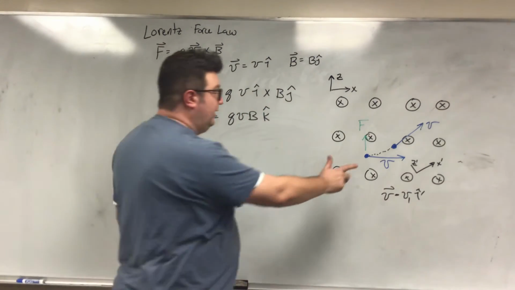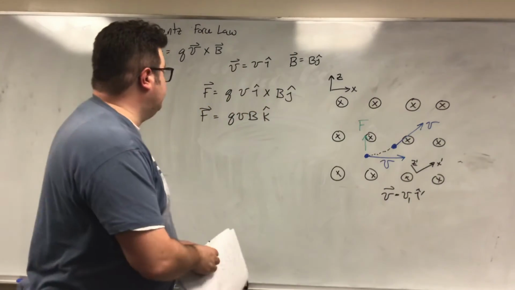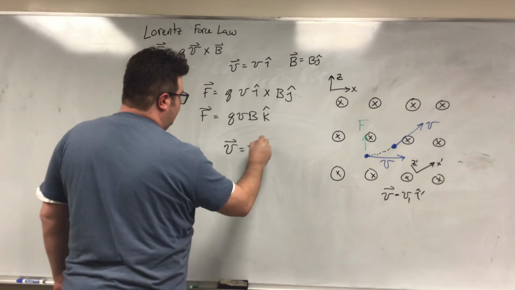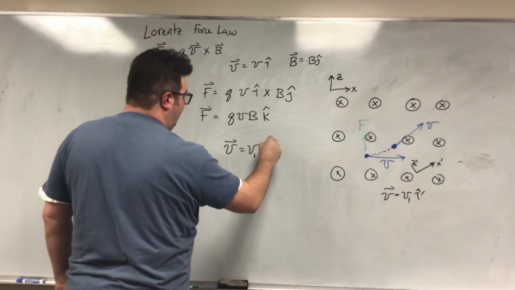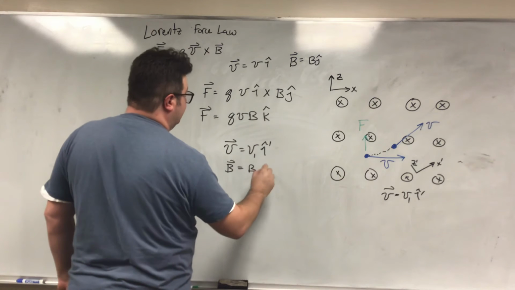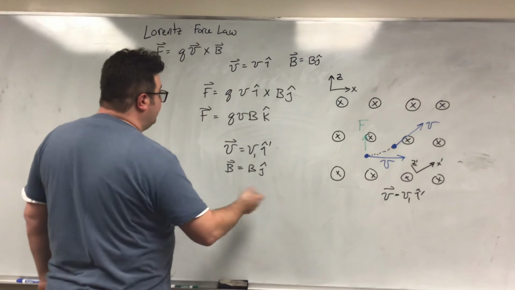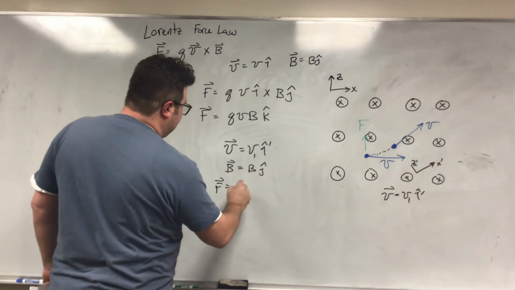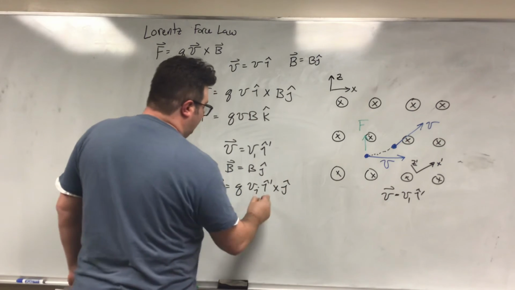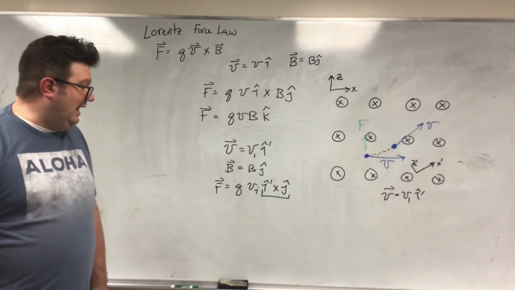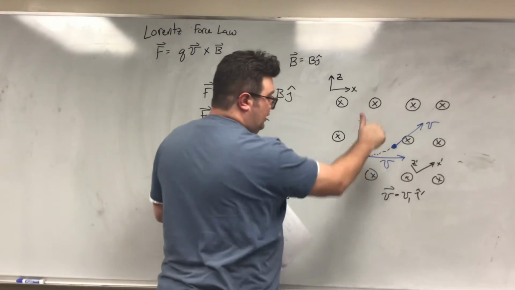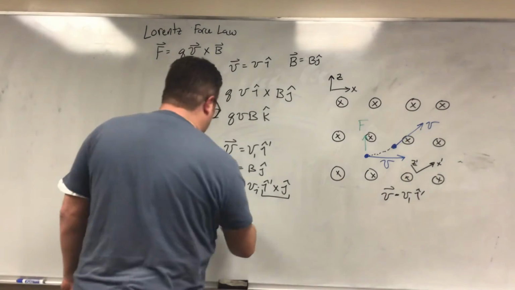The J has stayed put, but now we have to redefine our Z. So if we go through the same process again, V equals V1 I hat prime, and B is equal to B J hat. When I do the cross product, I have I hat prime cross J hat, which gives me K hat prime.